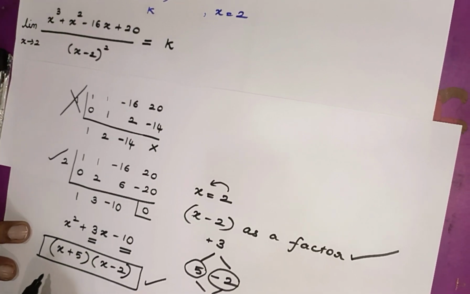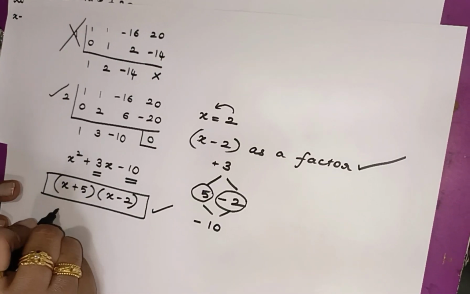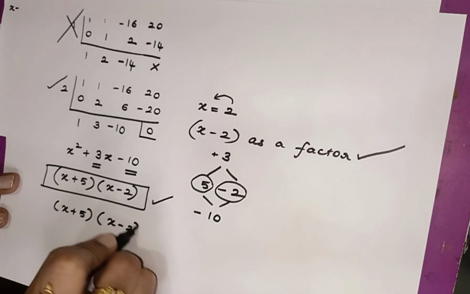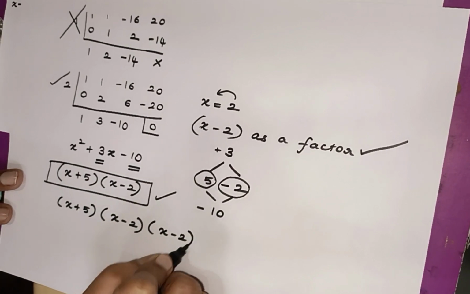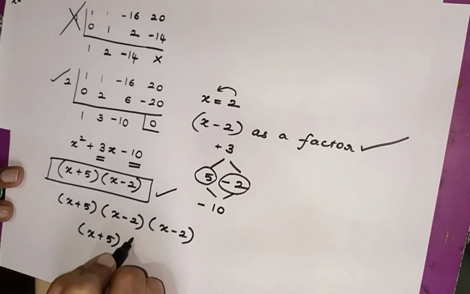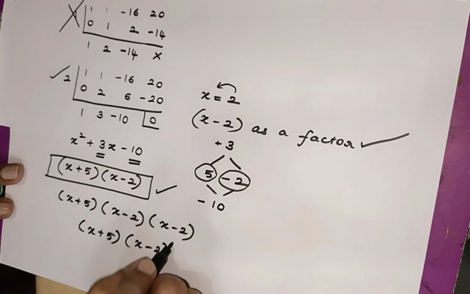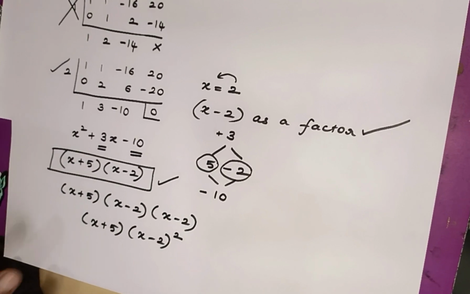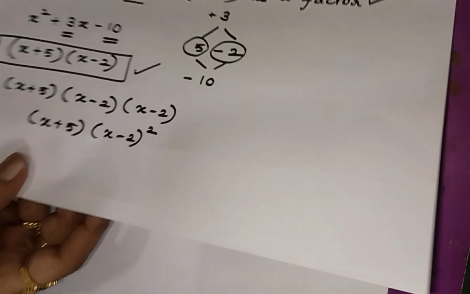So I am writing all 3 factors here: x plus 5 into x minus 2 into x minus 2. This x minus 2 into x minus 2 can be written as x minus 2 the whole square. Can you understand now? So I'm going to replace this value here.